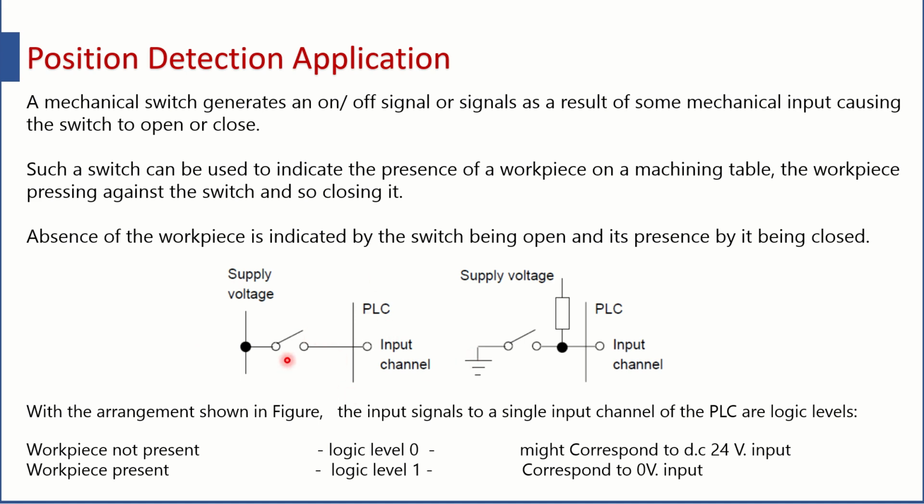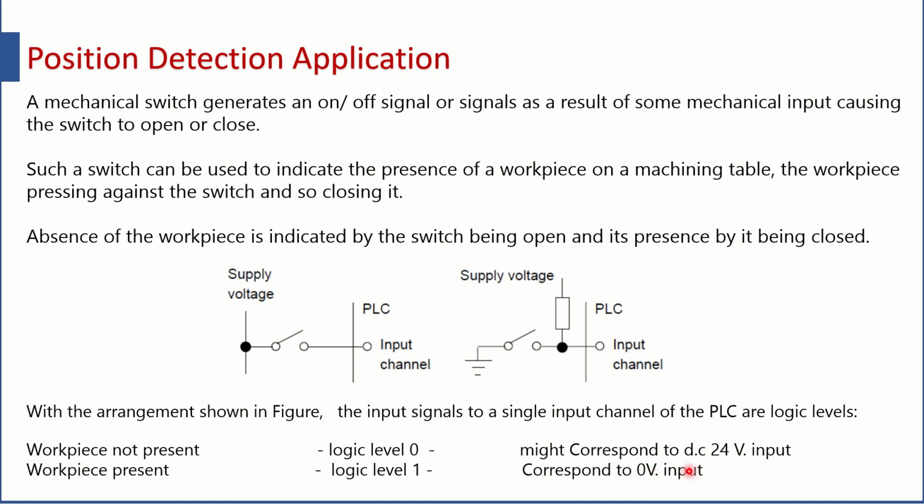When the workpiece is not present, the logic level is 0. That might correspond to a DC 24 volt input, and when the workpiece is present, it might correspond to a 0 volt input. I think I have put it in a reverse manner.